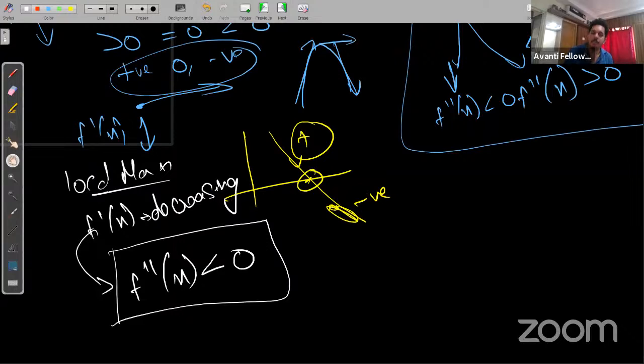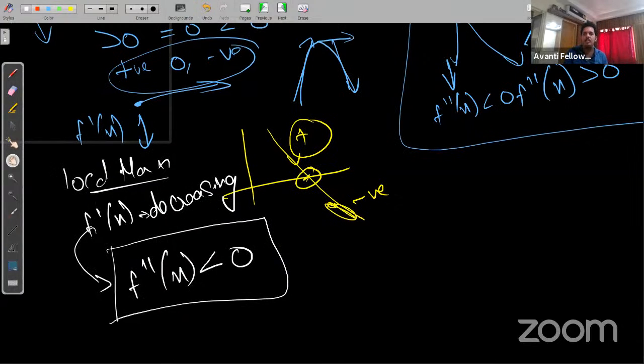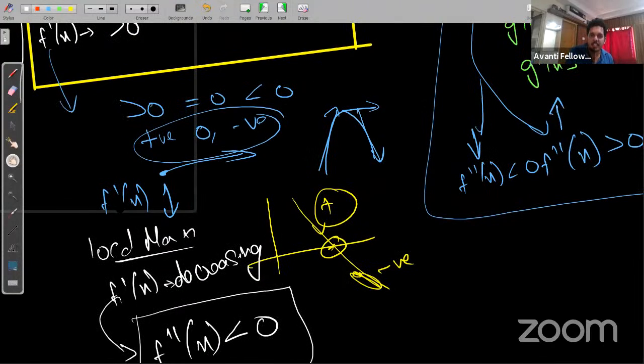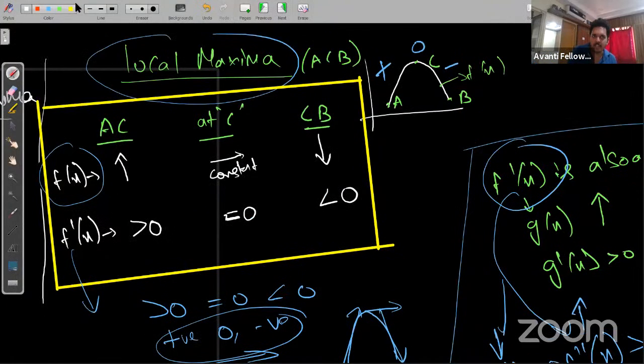Okay. I will explain for the minima, Rajamma, so that you can understand clearly. Here for maxima, I'm again repeating. Look at here for maxima. My function is increasing, constant, and decreasing. So f dash of x is greater than zero, equal to zero, and less than zero. So positive, zero, negative.